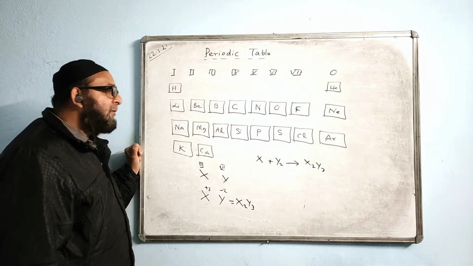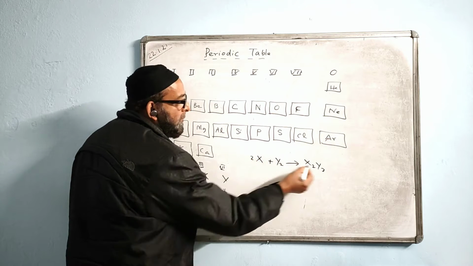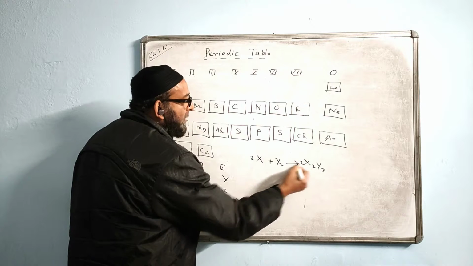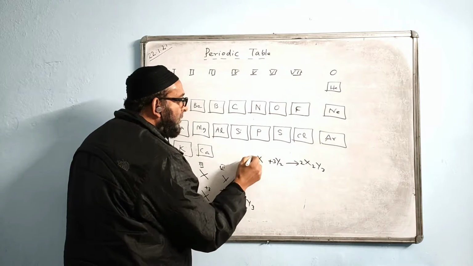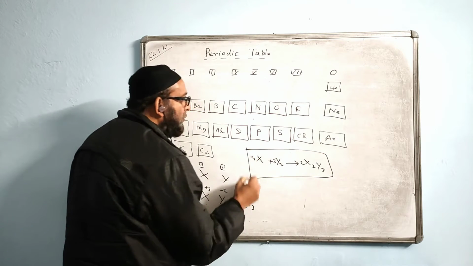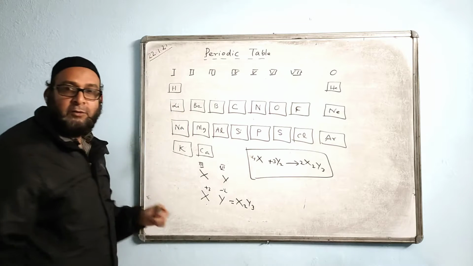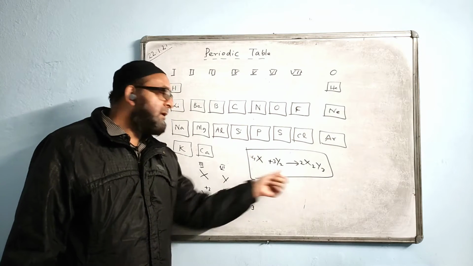Now we have to balance it. X2 is there, so put 2. Y3 is there, and Y2 on the other side, so put 3. But now 2 times 2 has become 4X, so we change the number and add 4. So this is the equation to show the formation of the compound X2Y3.